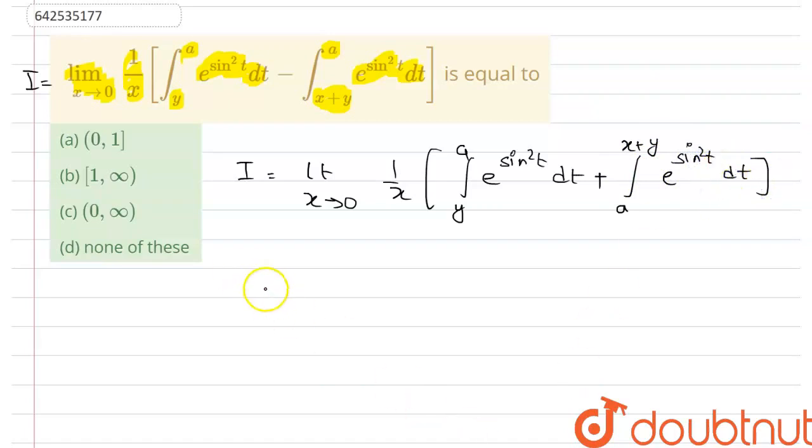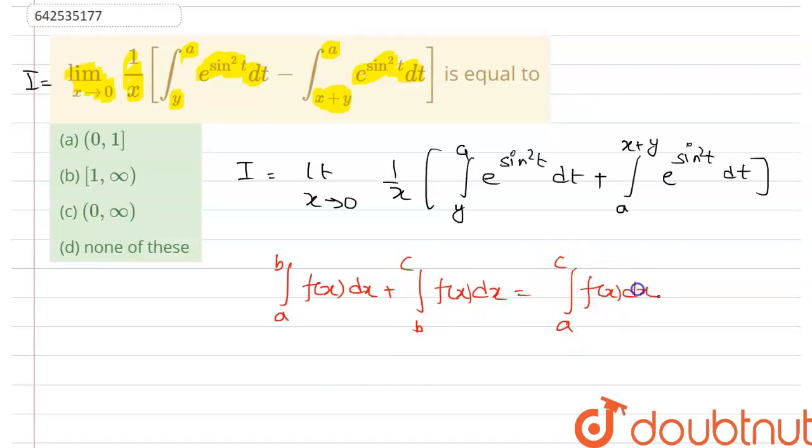Now we know one thing, that integration from a to b fx dx plus integration from b to c fx dx can be written as integration from a to c fx dx, since the upper limit of this integral and the lower limit of this integral is same. So similarly, here in place of a we have y, in place of b we have a, and in place of c we have x plus y.